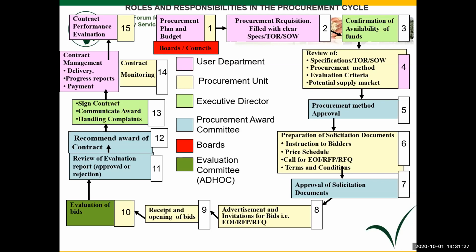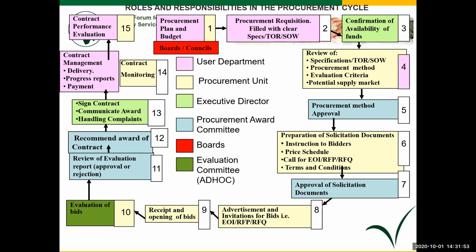That's why you are seeing 2 colors there, that the user must work with procurement to see how this is made good. So don't just send in your terms of reference and say, I've done my job. You might have brought terms of reference that are deficient. Go and discuss. So we should have a kind of collegial relationship when we are handling these aspects.